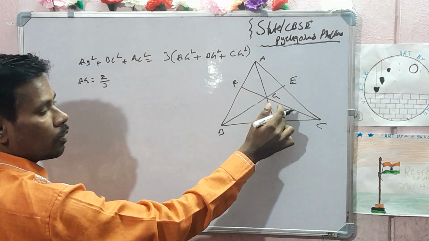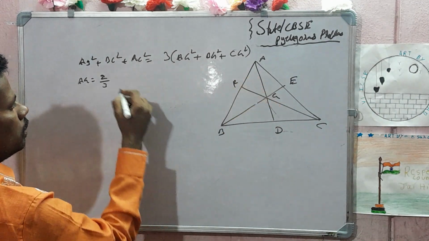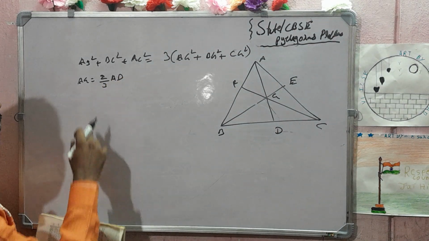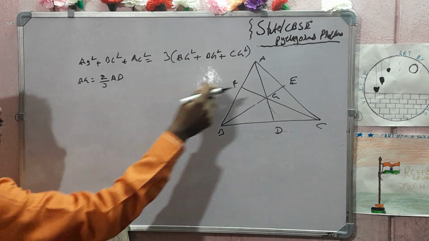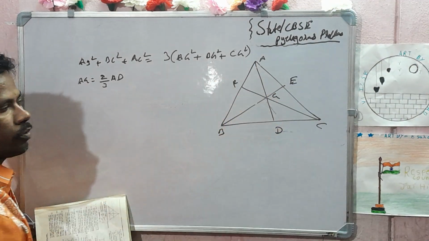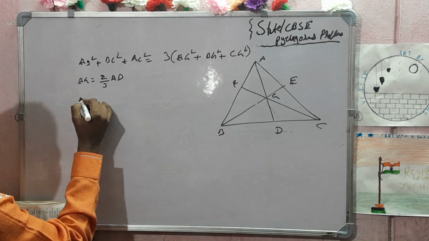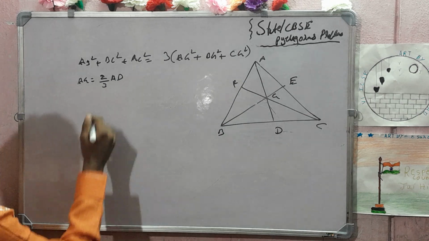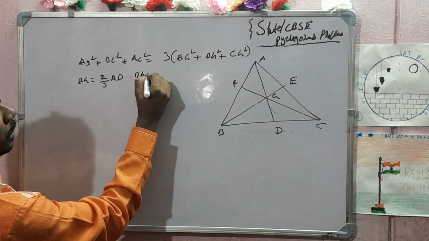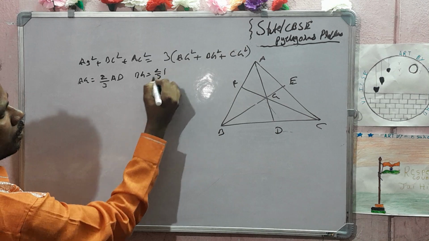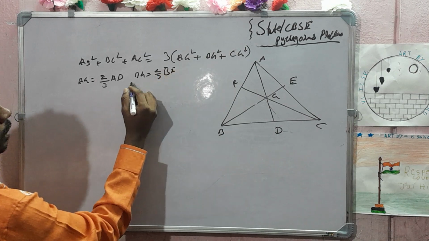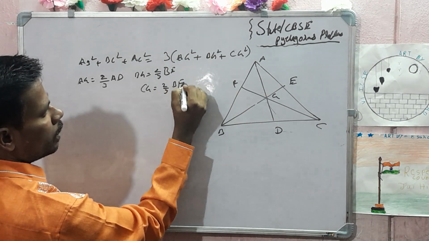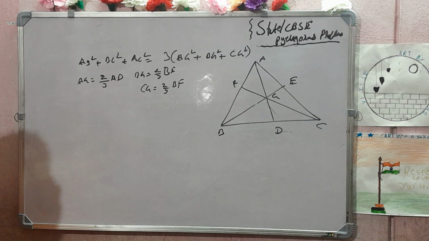AG is this length, 2:1 I told, no. AG length how will you get? 2/3 of AD. Similarly, BG is equal to 2 by 3rd of BE. Similarly, CG is equal to 2/3 of CF. Right?